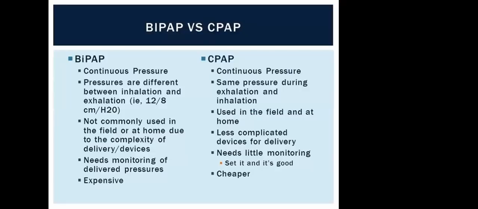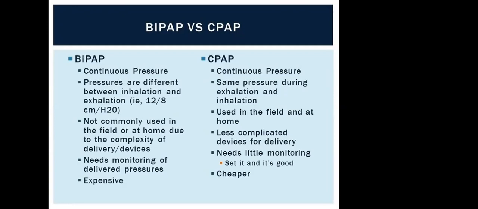Okay. Now this is what we're talking about here. All right. The pressure during inspiration is about 12 centimeters of water, while the pressure during expiration is lower, at about 8 centimeters of water. But for CPAP, the same pressure is maintained throughout the respiratory cycle.